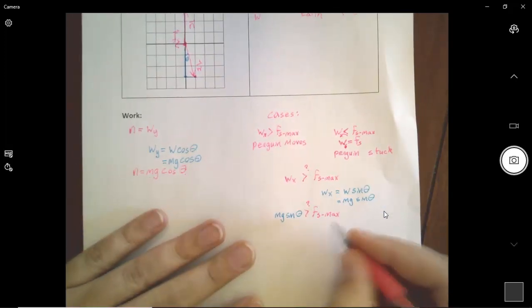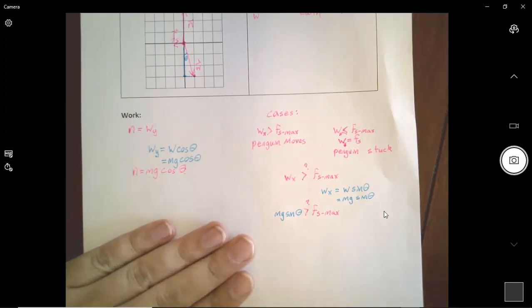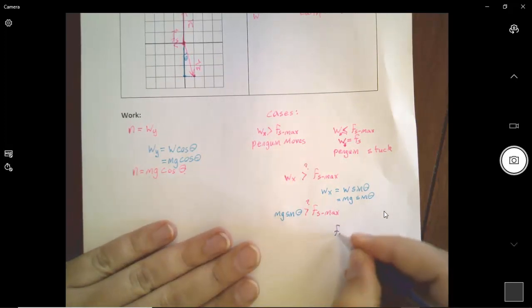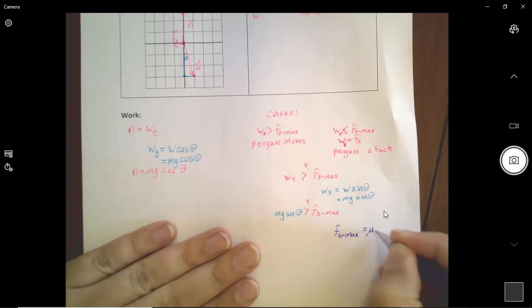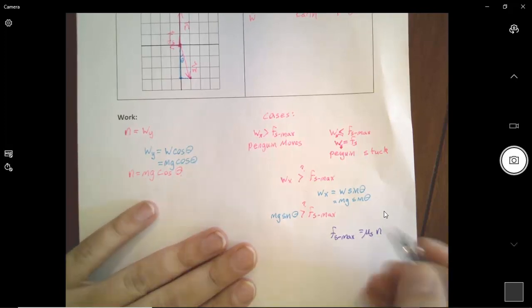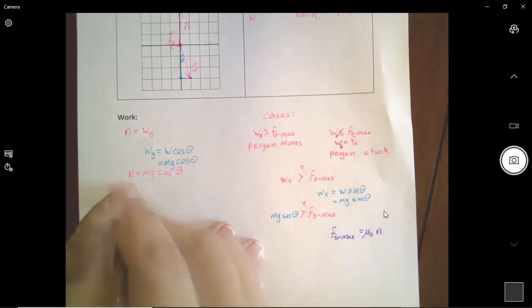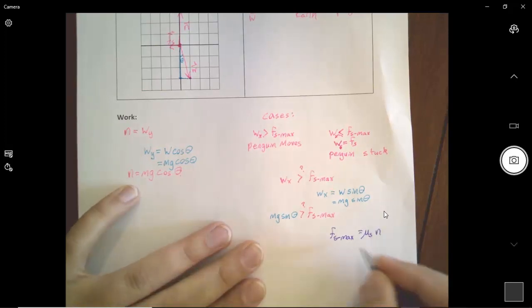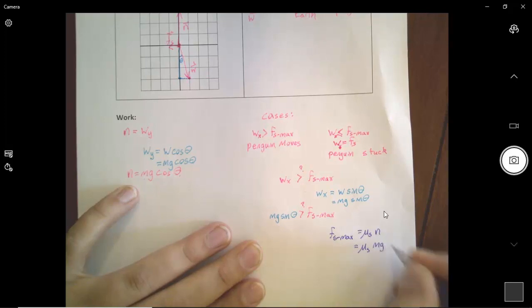There's an equation for Fs max, and that equation is Fs max is equal to mu s times N. We have mu s, I gave it to you on the page, and we have N over here, we solved for it. So this is equal to mu s mg cosine theta.